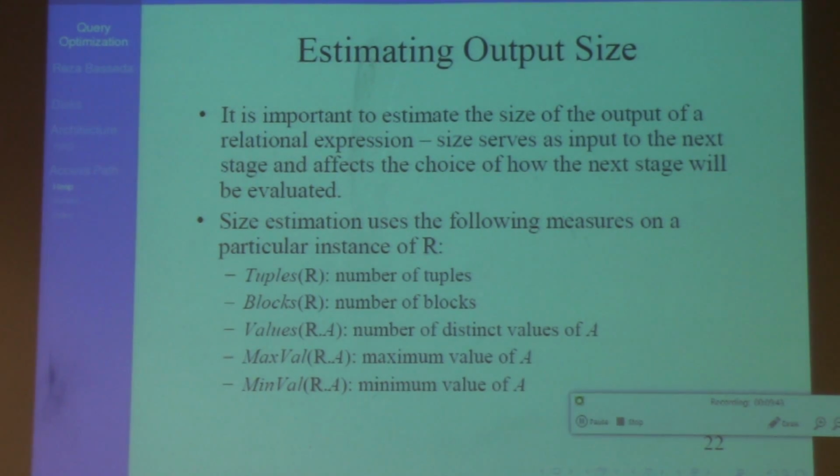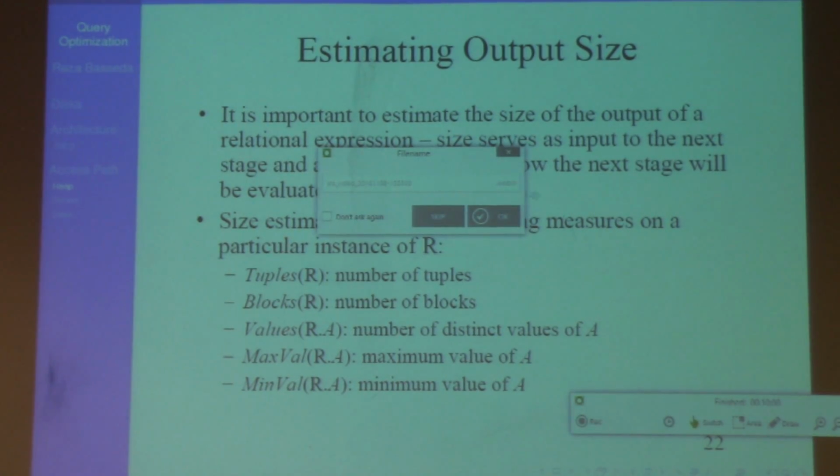So we also need to have a good estimation. It's very important to estimate the size of the output of relational expressions. So we need to know how much is the output of the relational expression to choose the best plan for processing queries.